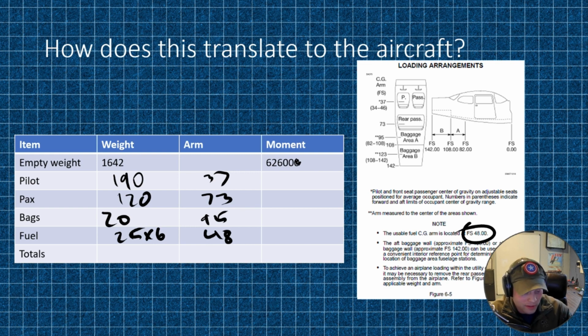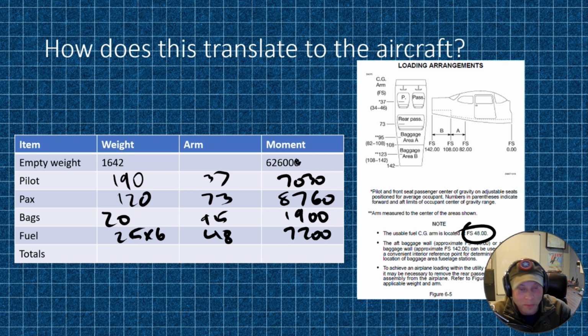190 times 37 comes out to 7,030. 120 times 73 comes out to 8,760. 20 times 95 comes out to 1,900. And 25 times 6 pounds per gallon times 48 inches comes out to 7,200.